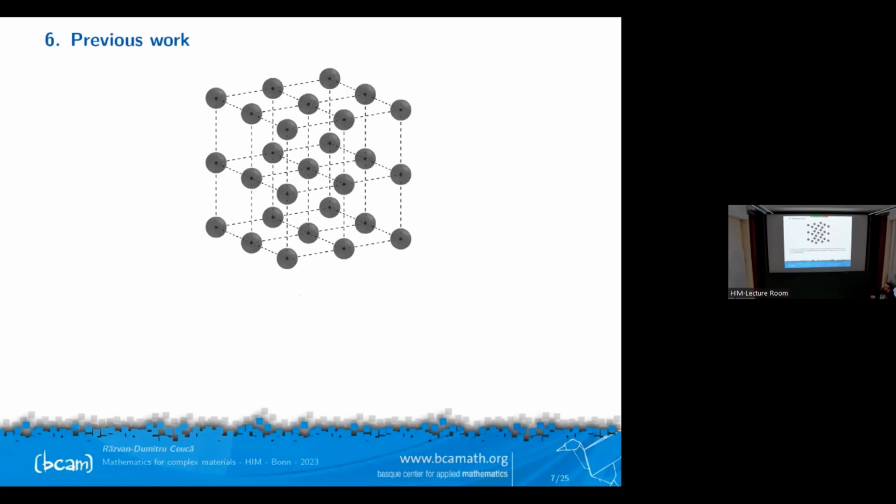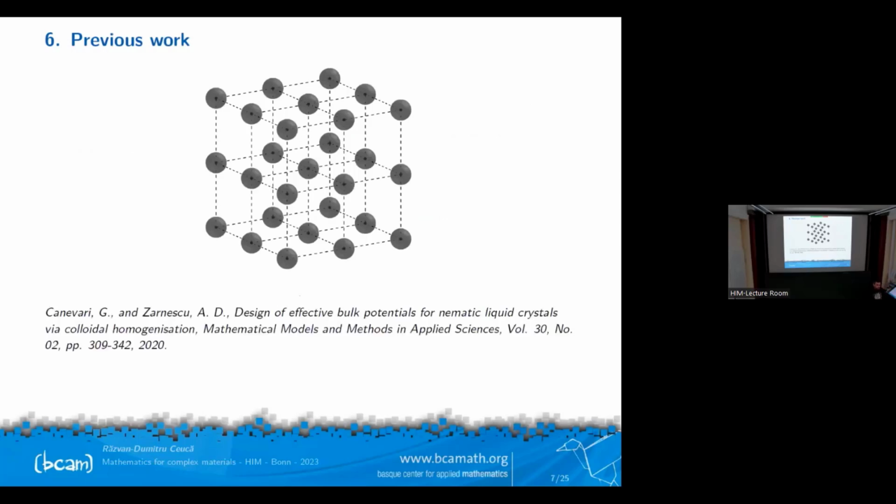And it's based on previous work done by Giacomo Canevari and Arghir Dani Zarnescu, who are in the room. In their initial article, they've chosen the easiest possible setting. We start with some spheres, right? The colloids that we're placing inside of the nematic liquid crystal are spheres, and we analyze whether the homogenization process can take place. And the answer is yes.